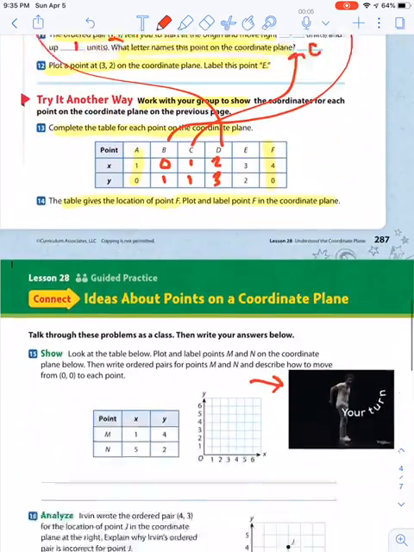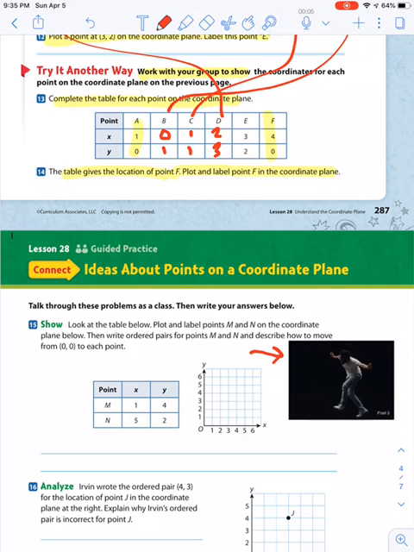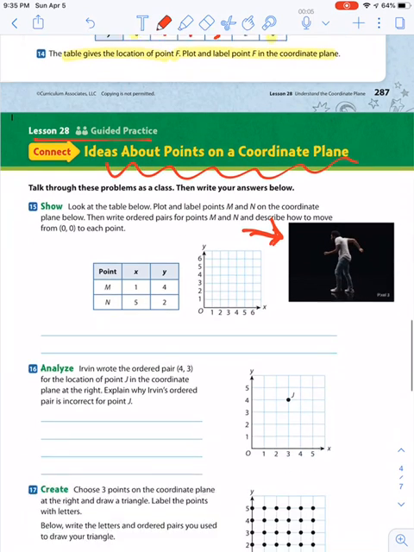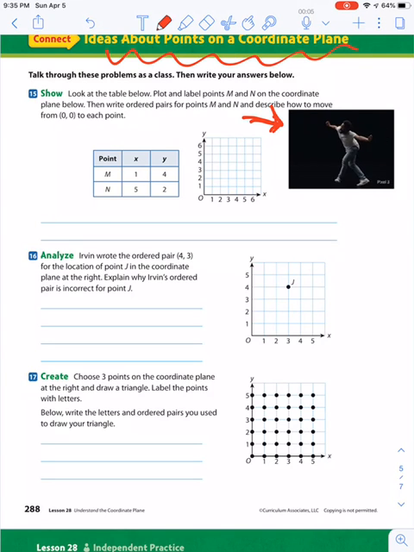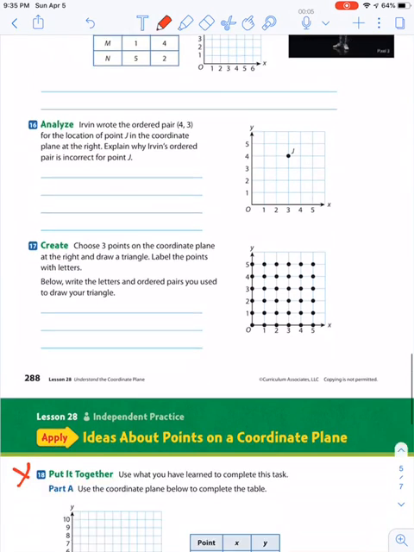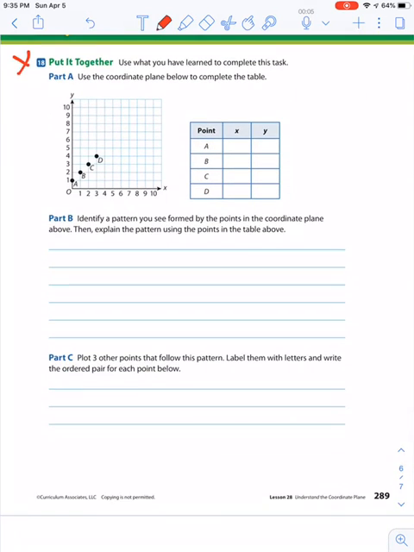Okie dokie. I have been waiting so long to get to this GIF, because now it is your turn. You guys are going to complete, I think it's a total of 4 questions. We'll take a little picture walk and check it out, but you're going to do these green guided practice pages on your own and submit them. So you have 15, 16, 17, and 18.